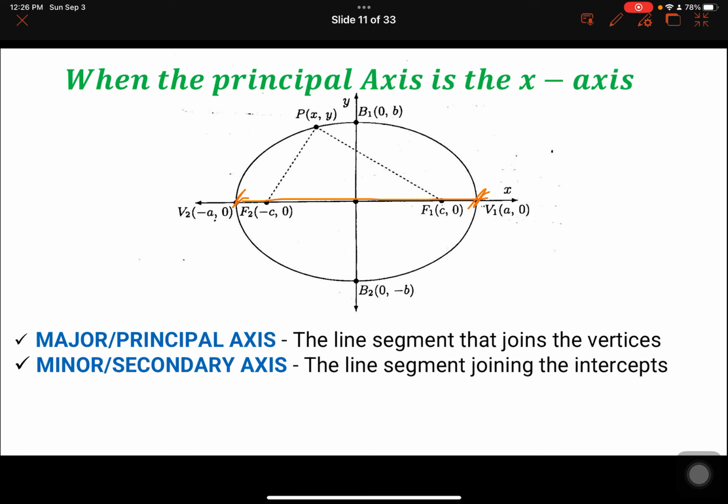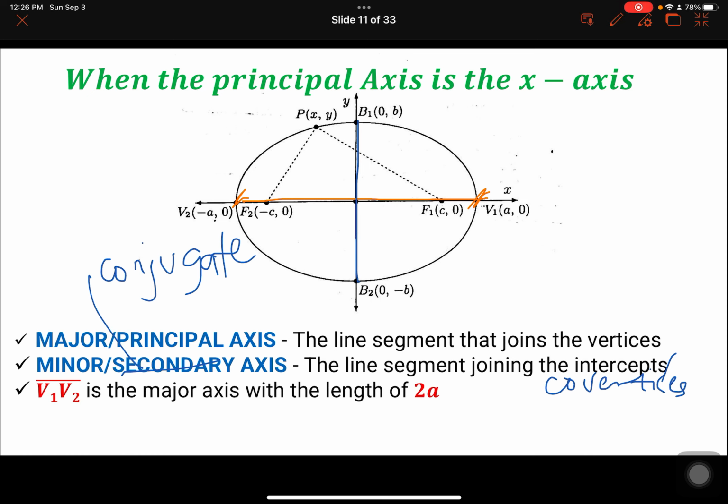So, mas maganda siguro gamitin natin yung conjugate. The line segment joining the intercepts or the co-vertices. Pwede natin gamitin yung co-vertices. So, ito naman po yun.